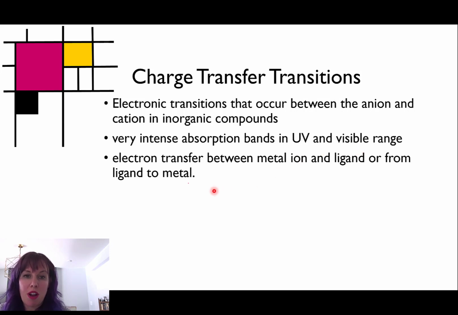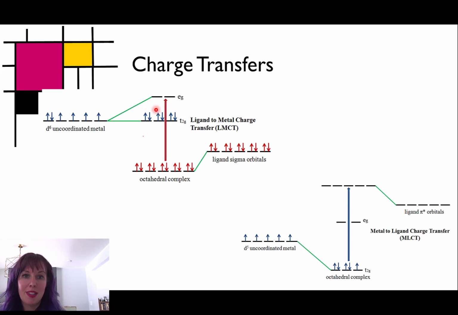So for transition metal complexes, we'll often see an electron transfer between a metal ion and a ligand, or from a ligand to a metal. We call these ligand to metal charge transfers or metal to ligand. So what you can imagine is you have your sigma orbitals from your ligands, and if you have, say, an empty eg orbital on your metal, you can have a charge transfer from your ligand to your metal eg orbital.